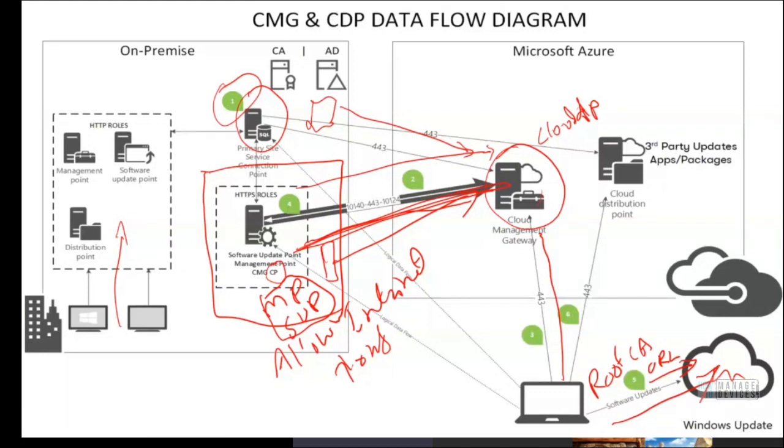I can create multiple CMGs based on the regions with a single service connection point. But Shrikant, what's the purpose behind multiple CMGs? Based on the regions, I can create multiple. Suppose one CMG can allow up to 6,000 clients, and also based on the region.